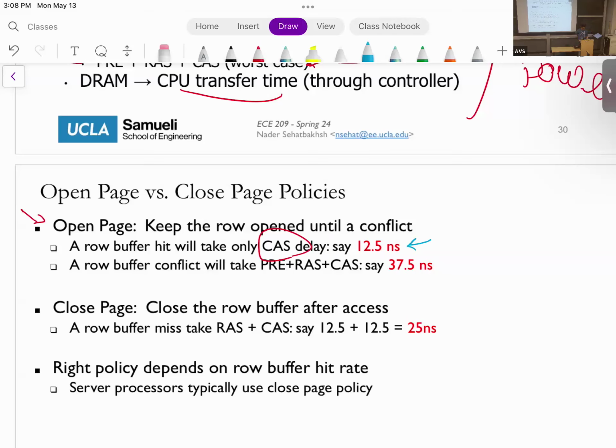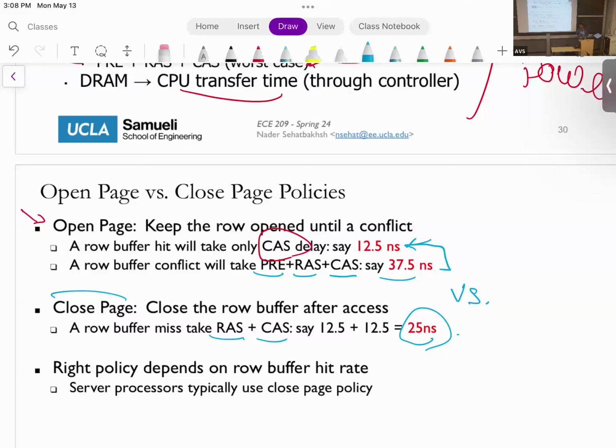If you have a conflict, then we have to pay PRE plus RAS plus CAS, which is around 37.5 nanoseconds. On the closed page policy, we only pay RAS and CAS all the time, so it's around 25 nanoseconds. And that's essentially you're talking about these two numbers versus this number.